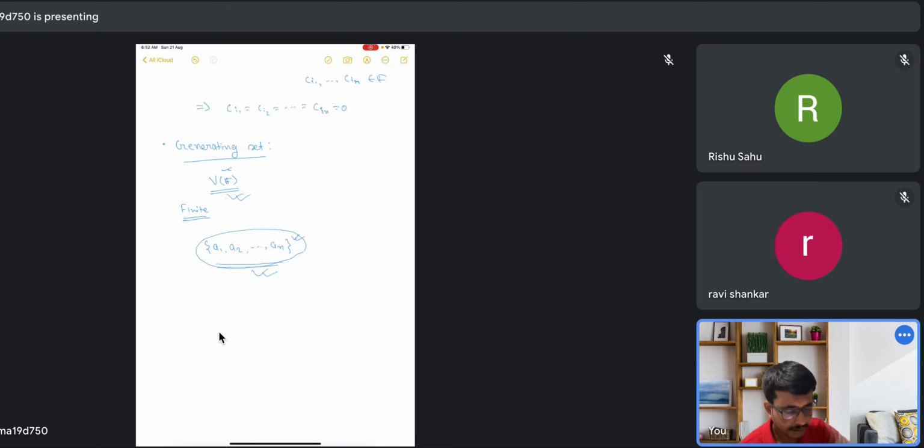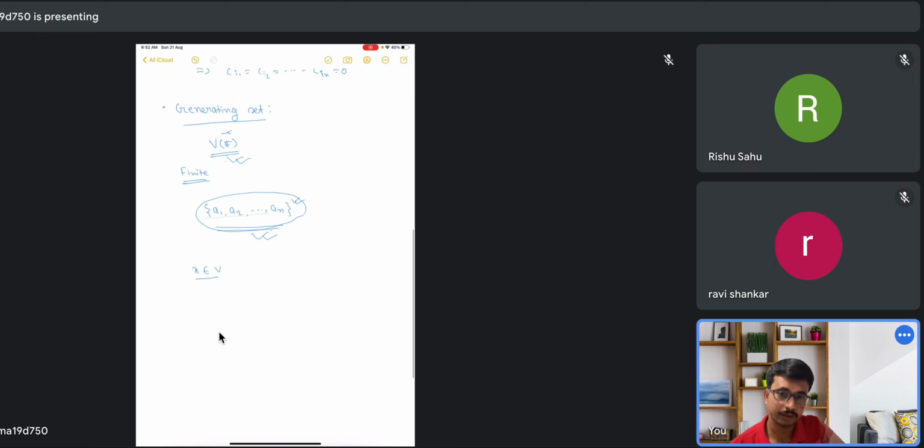We'll say that this is a generating set of V if we choose any arbitrary element x from V, then we can write x as a linear combination of these elements, sum over i equals 1 to n of c i a i, where c i belongs to F. The c i may be 0, non-zero, whatever.